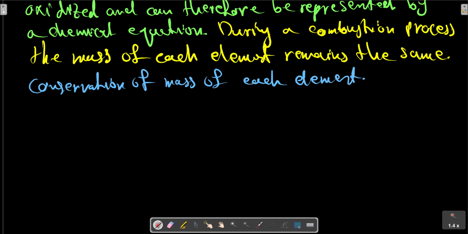Thus, this chapter presents a brief review of the subject, particularly as it applies to the combustion process.